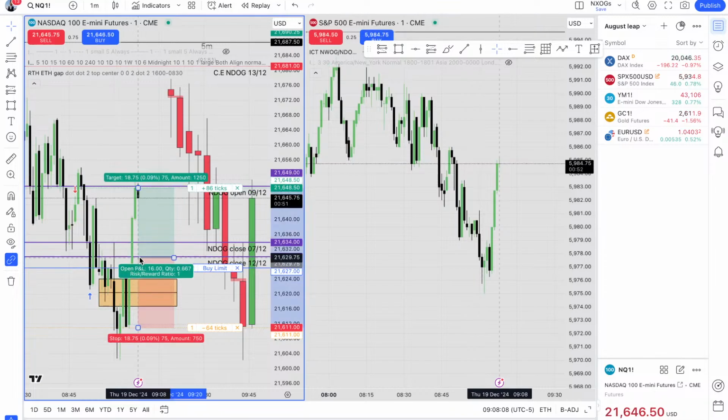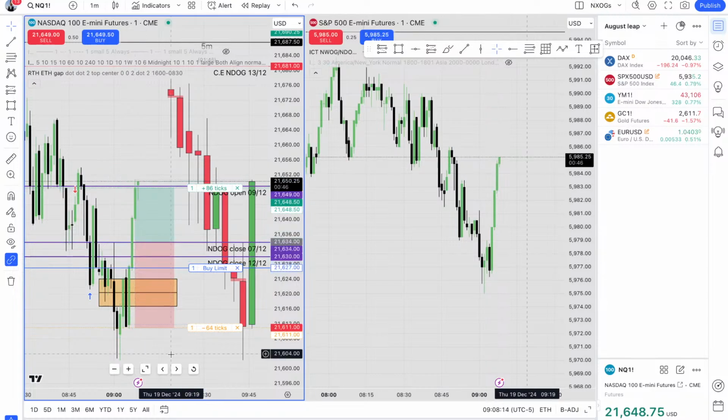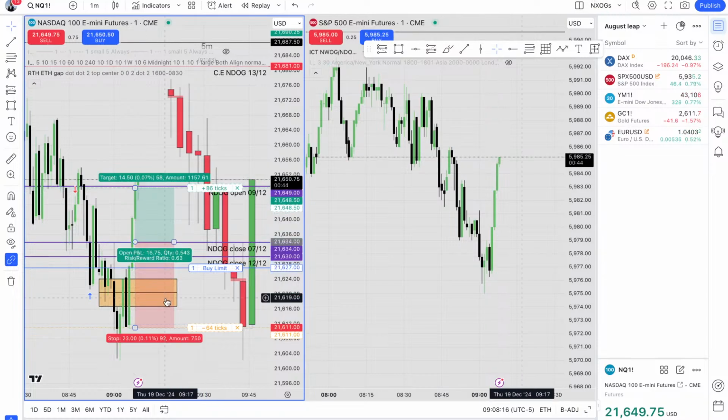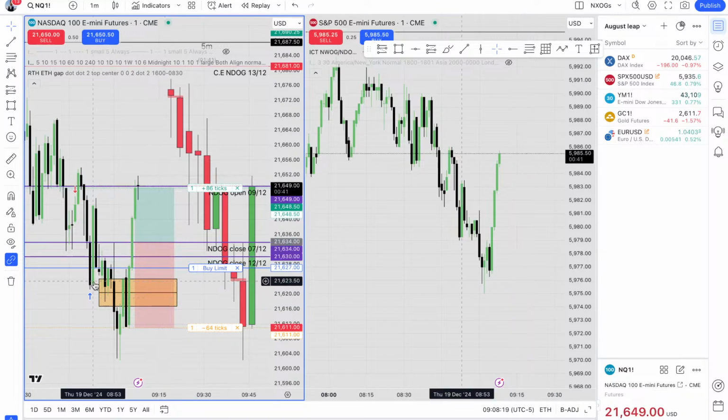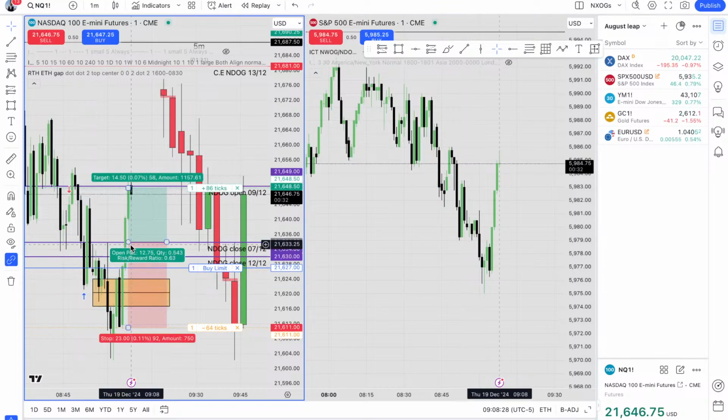This would be a big stop loss I cannot afford. I cannot afford this stop loss.